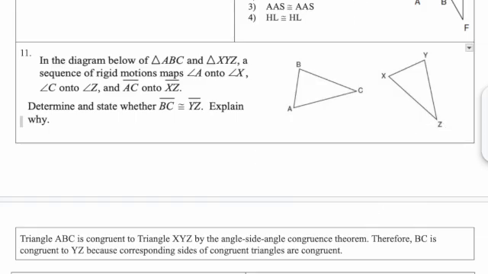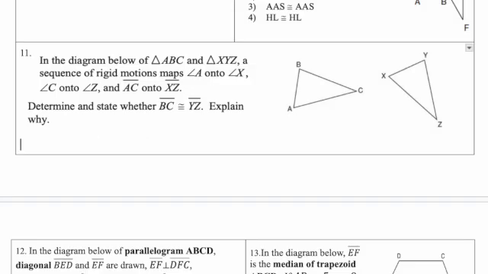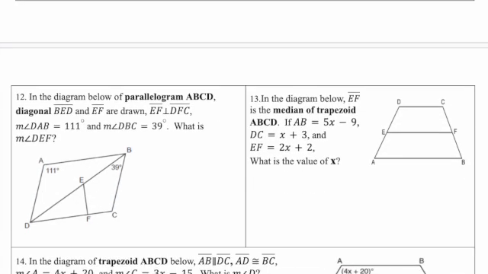So I'm actually going to take that out now. Number 12: in the diagram below of parallelogram ABCD, diagonals BED and EF are drawn.